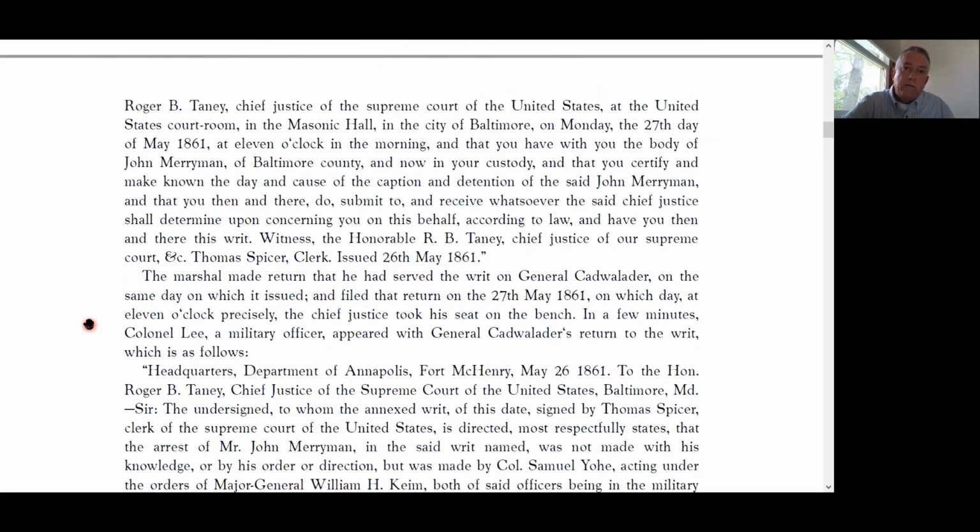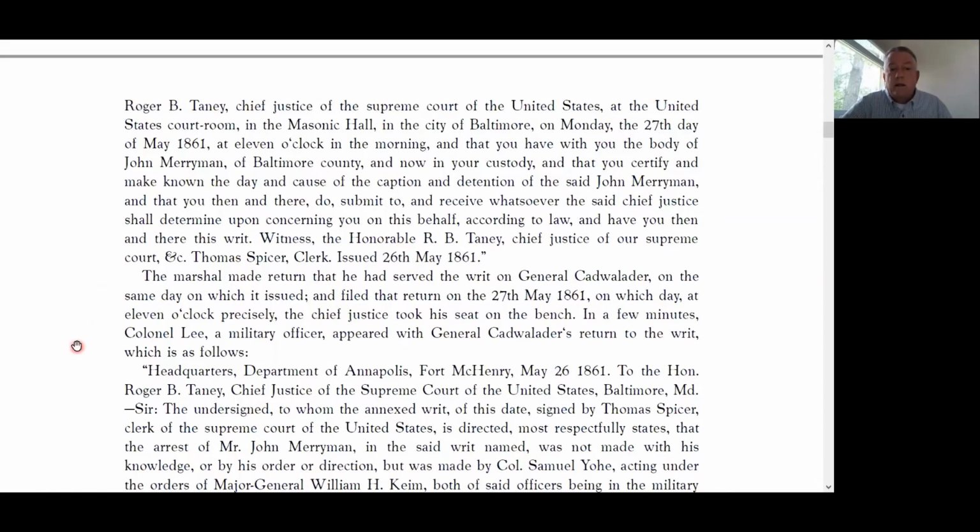And if you read through the factual summary that Taney gives us, you read that the U.S. Marshal, acting out of the circuit court, served the writ on General Cadwalader. So at least the U.S. Army has been given Chief Justice Taney's order. Cadwalader doesn't show up, and he does not produce Merryman in Taney's courtroom.